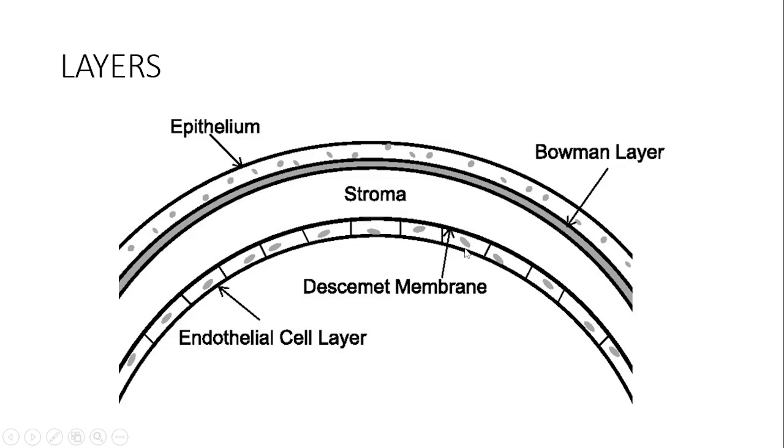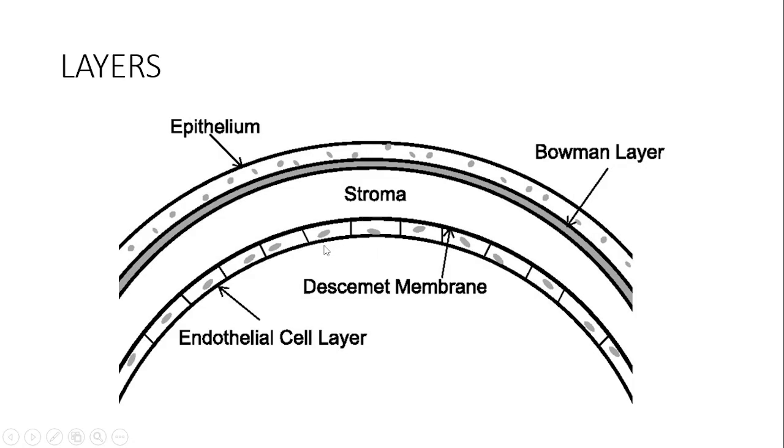Polygonal and cuboidal cells. Another important thing that you should know about the endothelial layer is that it has tight junctions. Students, remember something. All this place is made up of aqueous humor, water.